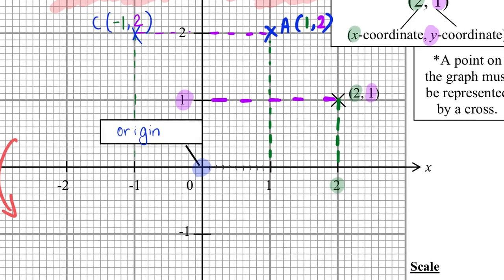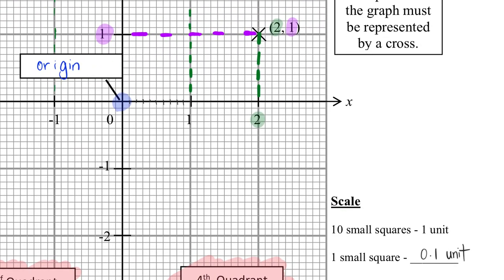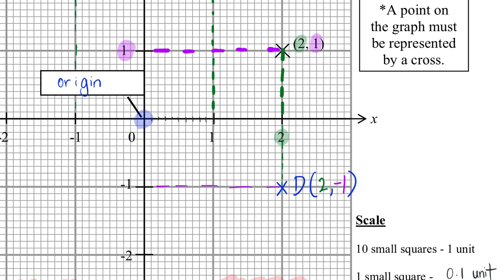So I'm going to go over to this portion here, because I will be able to get x is 2 here, and I slowly go down until I reach the point where my y is negative 1, and that is my point D. Point E, x is 0, y is 2.